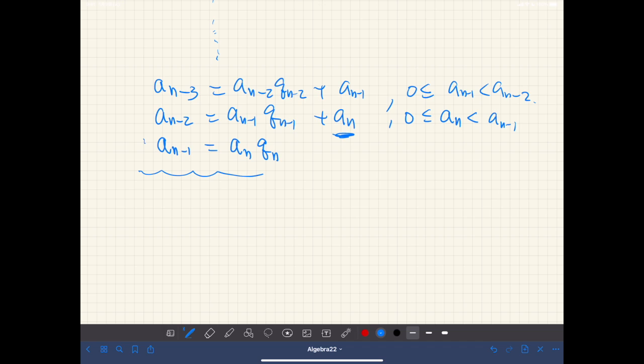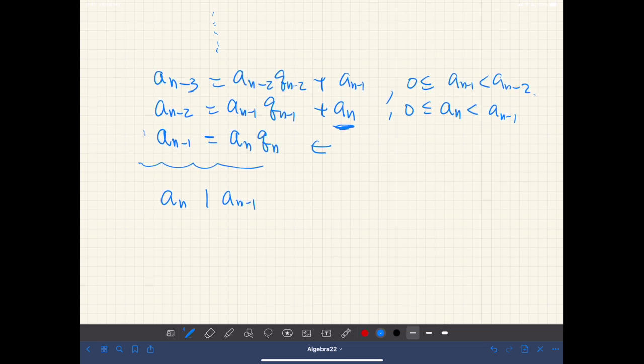First of all, look at the last equation. From this, we can clearly see that An divides An-1.